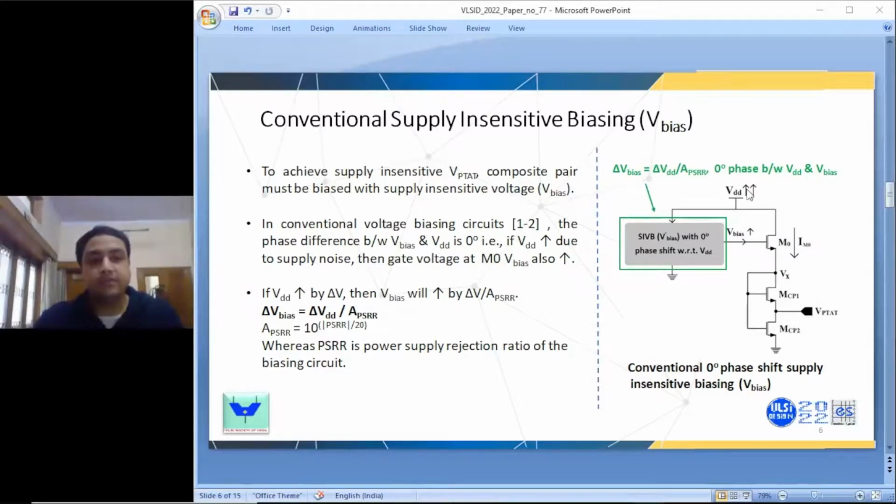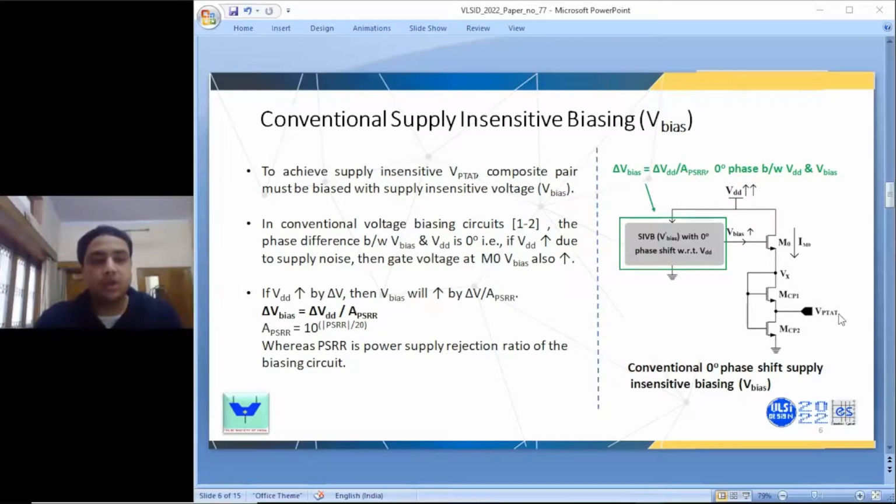If there is a 1 millivolt increase in supply, then V bias will increase by 1 microvolt. Although this is a very small increment in V bias and it is rejecting the supply by 60 dB, the gate-to-source voltage will also change by a very small value, so the current will also increase slightly.